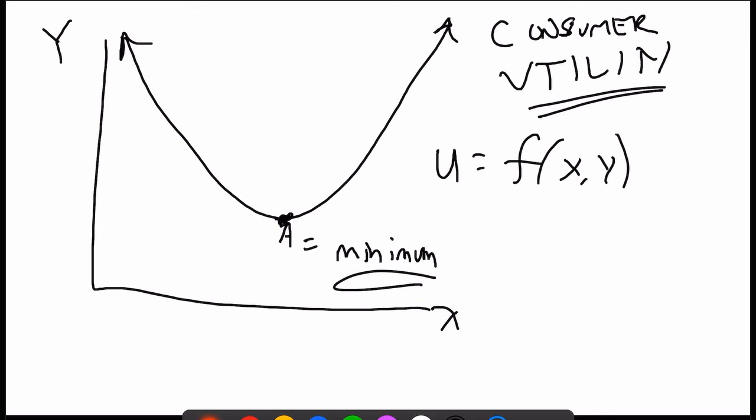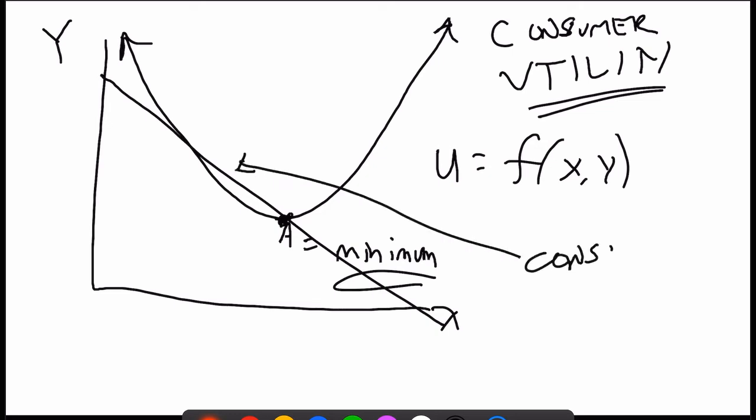So what we're going to do in these cases, we've already sort of done this, we just didn't tell you. We did it a simpler way. But what we're going to do in this case is draw a line on this graph like that. And we're going to call that line a constraint, a limit. We're going to say, look, we need to maximize our utility, but we only make $100,000.